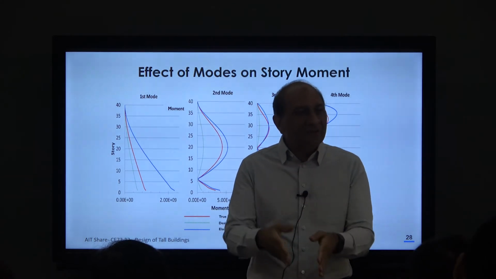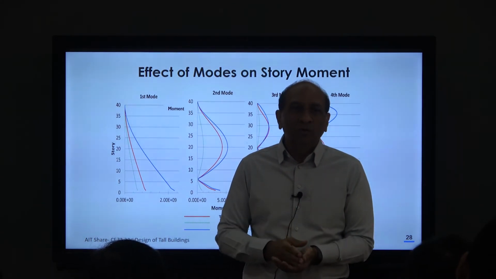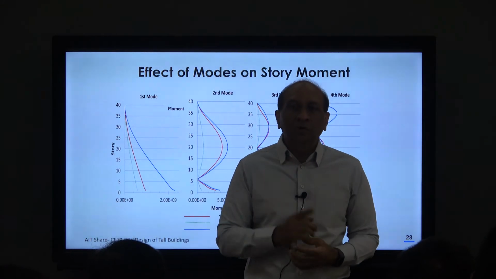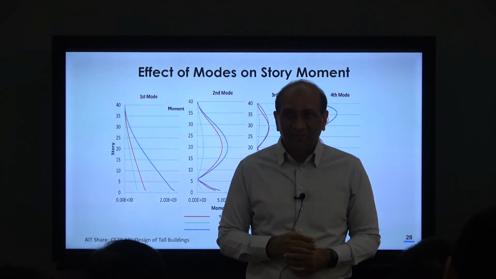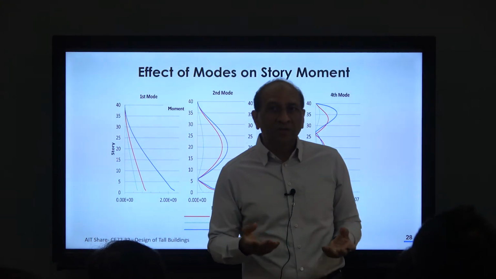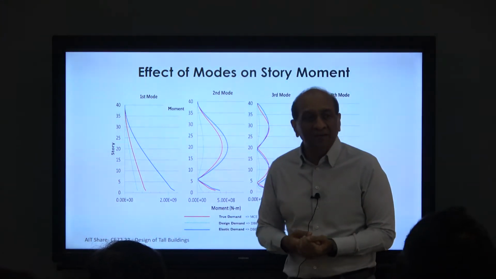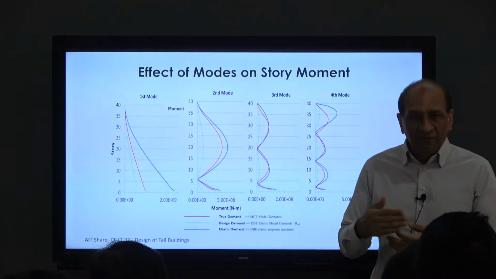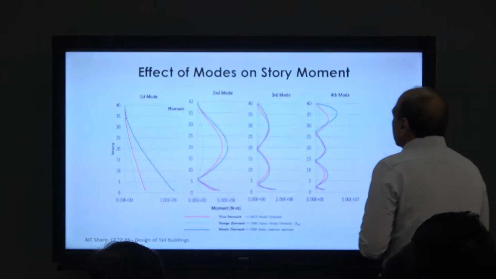One of the primary reasons is that building code methodologies are developed based on the first mode only, and they expect that most buildings' response is governed primarily by the first mode, while a tall building's response is affected by the higher modes as well.